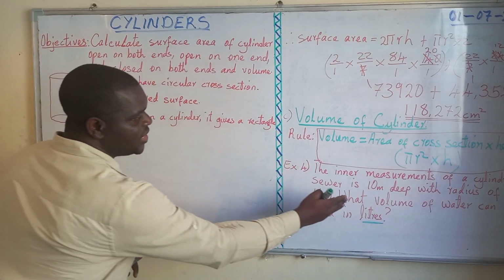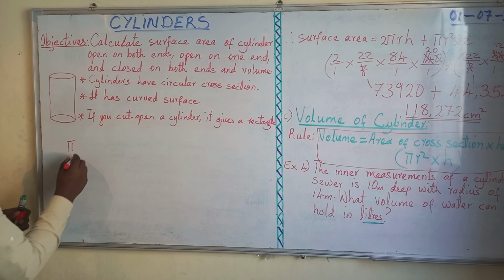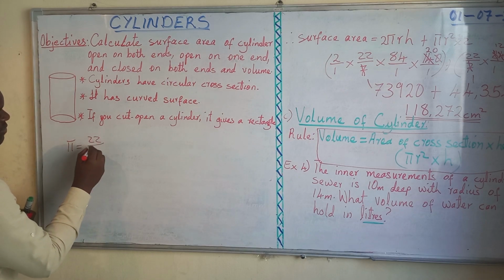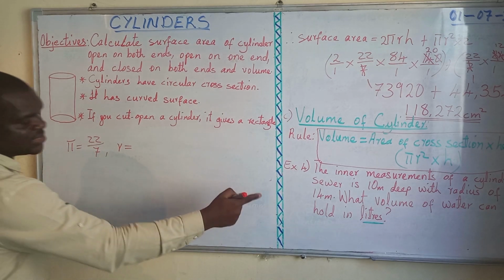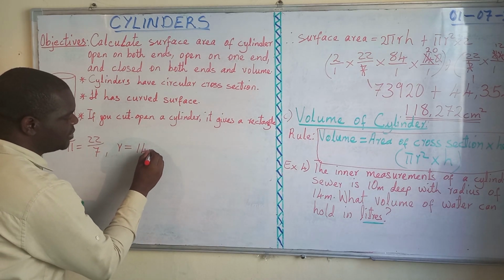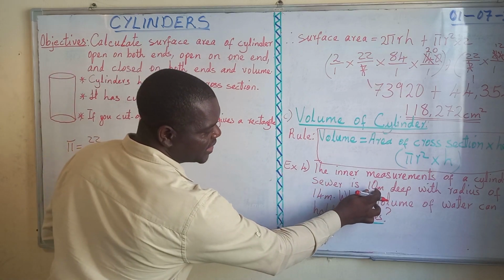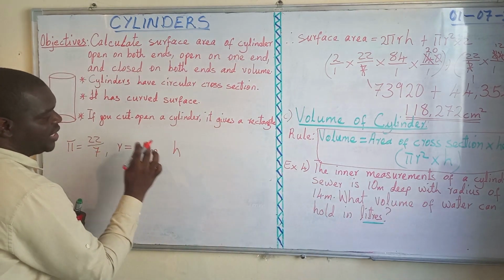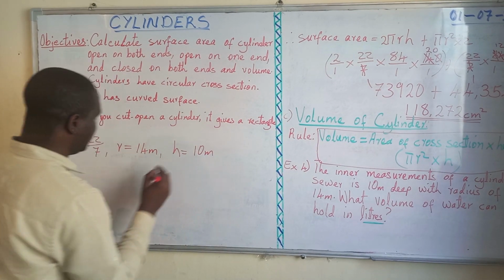Now, what do we need here? As far as the rule is concerned, we need pi, and pi is 22/7. We need radius, which in this case is 14 meters. And we need the height, which in this case is expressed as the depth. So height in this case is equal to 10 meters.